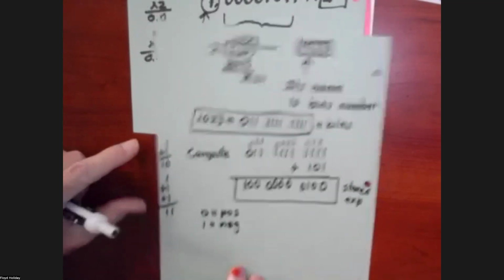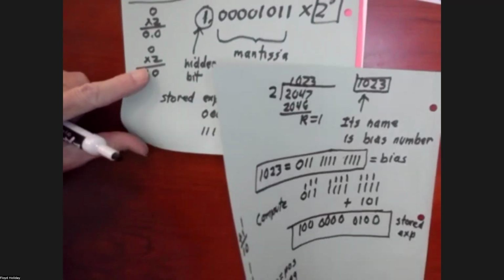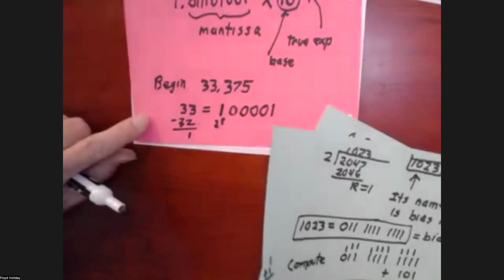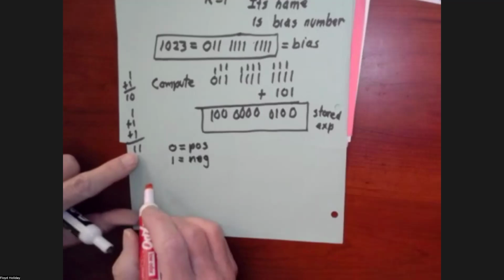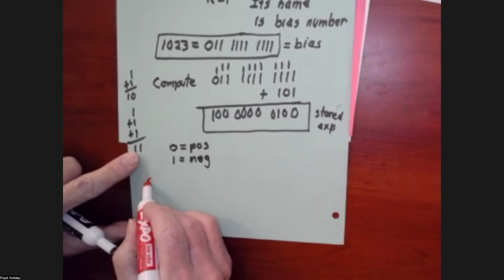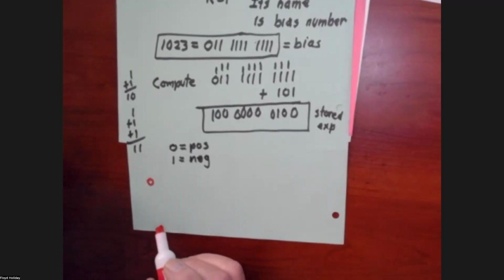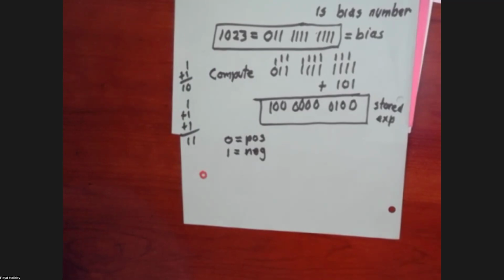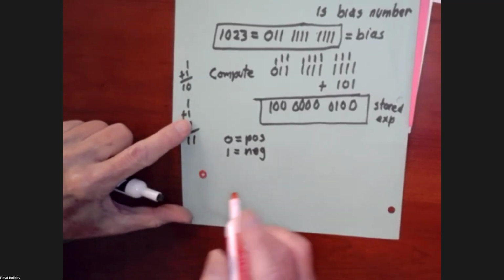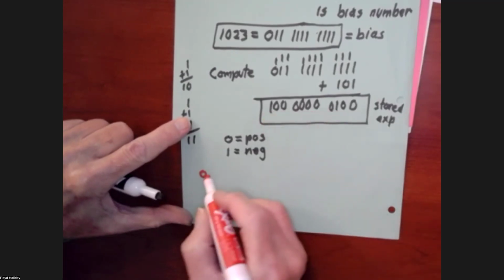Okay, the number we started with was 33.375. There it is. 0 because it's positive. Then the stored exponent.